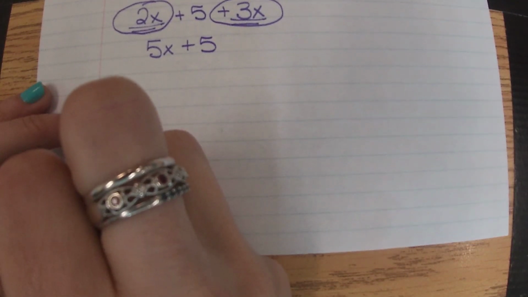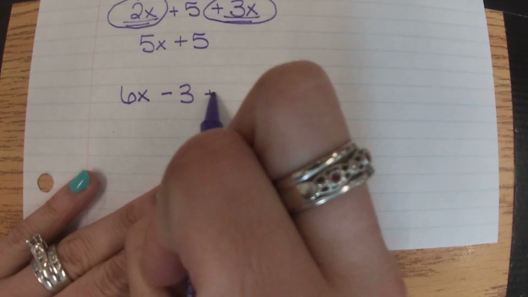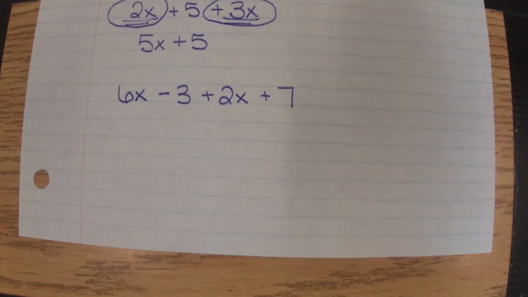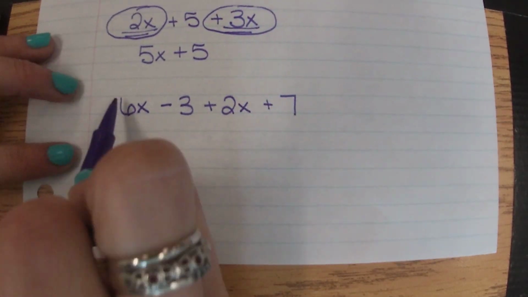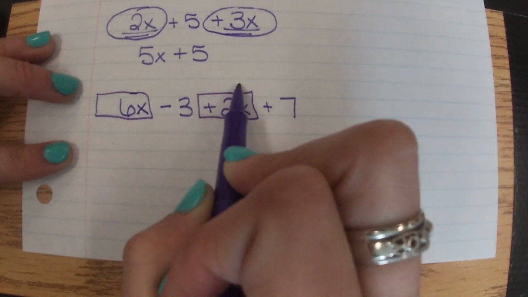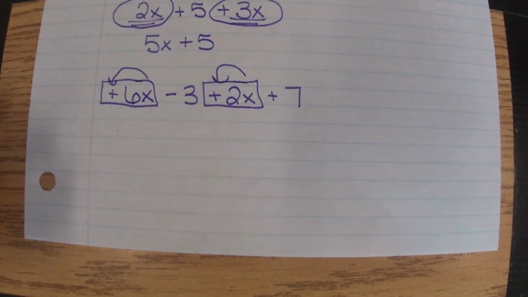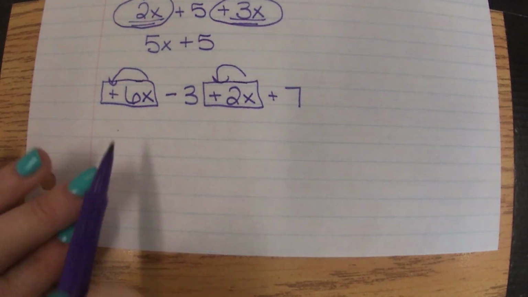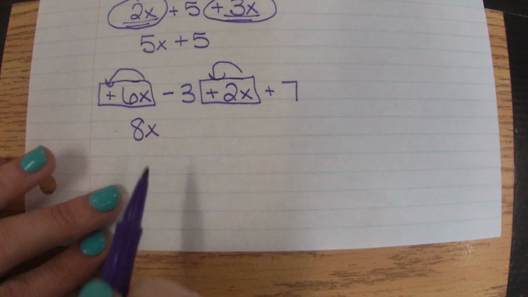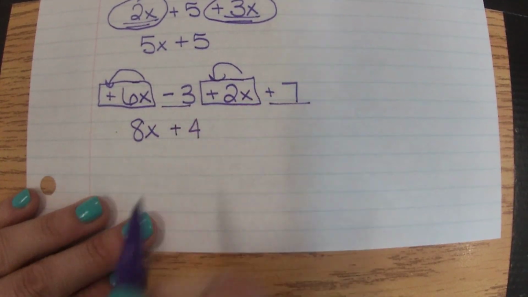So maybe if we had something like 6x minus 3 plus 2x plus 7, we should know what signs go where with our like terms. So we should know that this 6x goes with this 2x, and that the sign in front of the number, we don't see anything here, so it's positive, is what determines how we put them together. So we need a positive 6x plus 2x and a negative 3 plus 7, which gives us a positive 4.